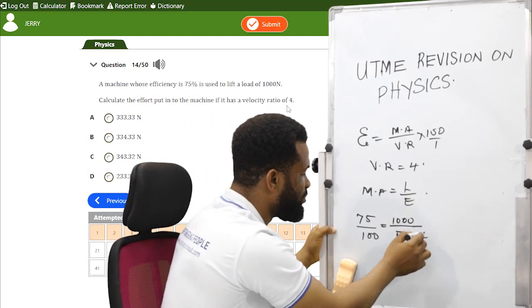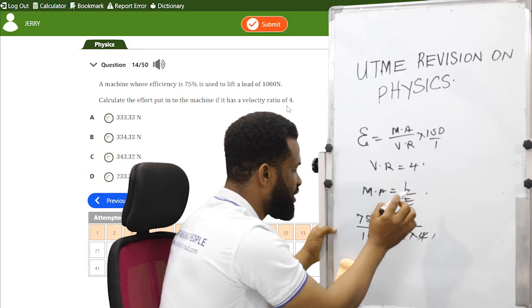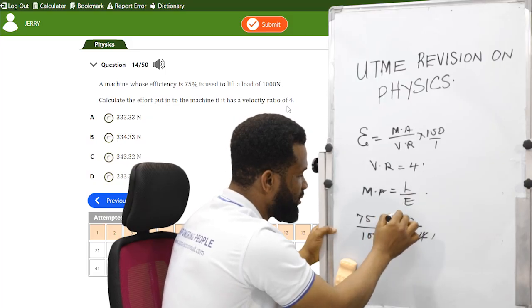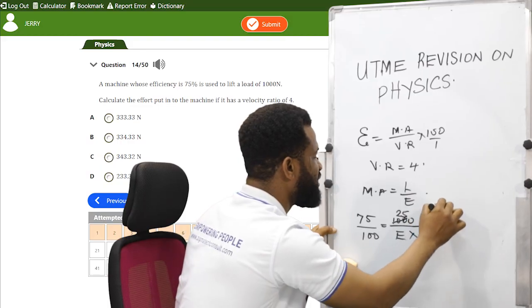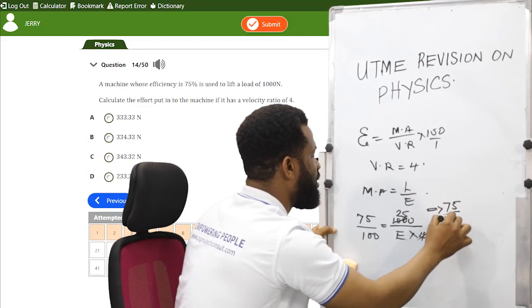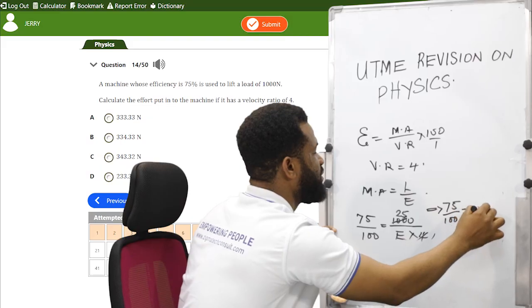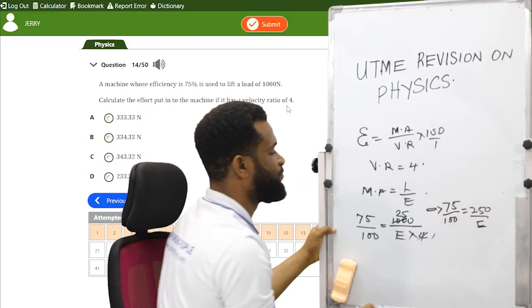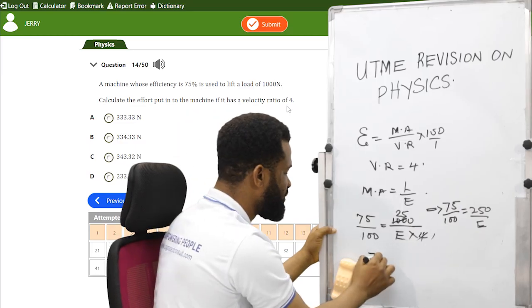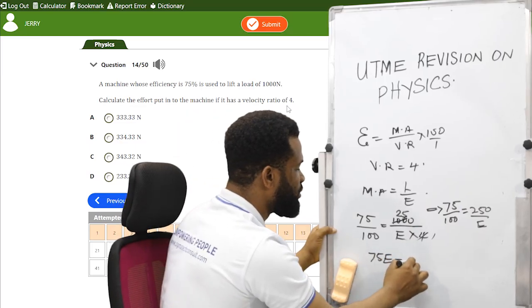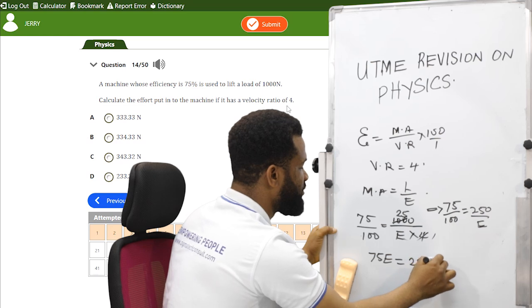So 4 into 100 is 25. This implies 75 over 100 is equal to 250 over E, that is, over the effort. So 75 times effort is going to be 25,000.